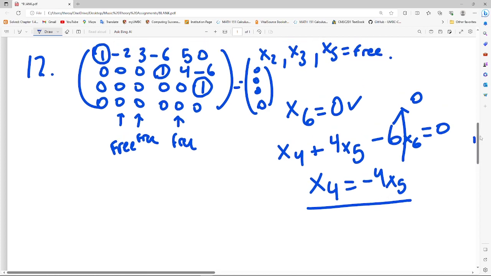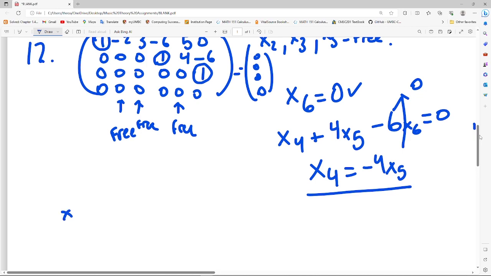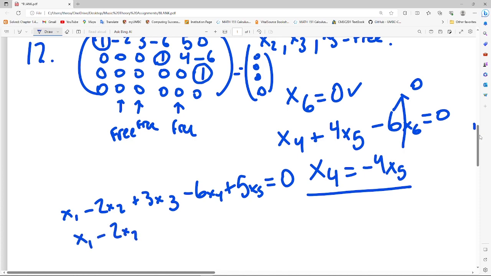And then we have the big one. This is the big one right here. x1 minus 2x2 plus 3x3 minus 6x4 plus 5x5 is equal to 0. But we stated we know what x6 is. There's no x6 here. We have x4 right here, so that's negative 4x5. So we have x1 minus 2x2 plus 3x3. We said x4 is equal to negative 4x5. Negative 6 times negative 4, that's 24. So we have 24x5 plus 5x5.